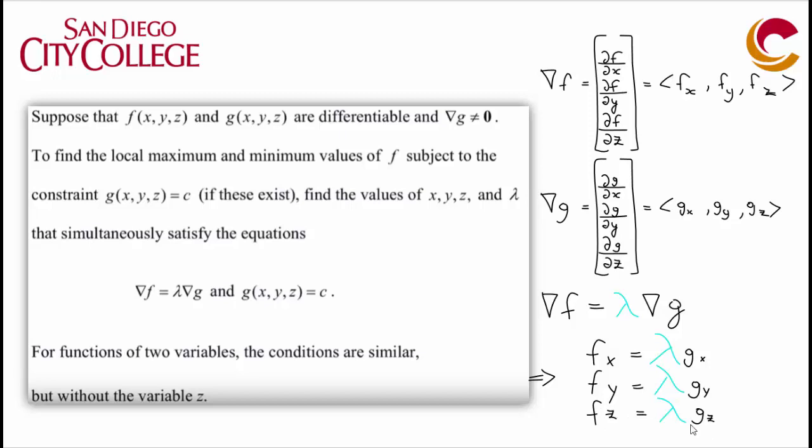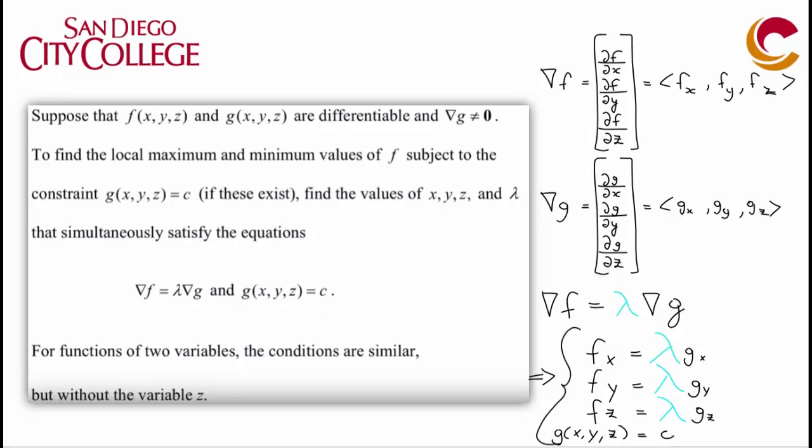And then same thing for z. Now there are three equations here and four unknowns, so we need a fourth equation. The fourth equation is the constraint itself. Now we set up our system of equations and we can solve. Let's take a look at some examples in the next video.